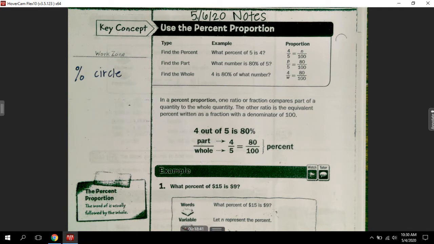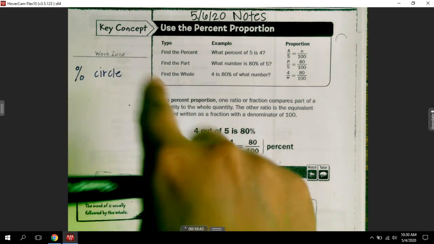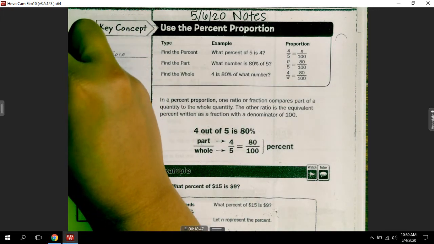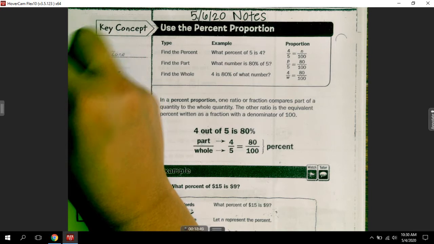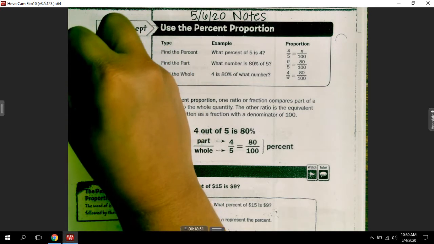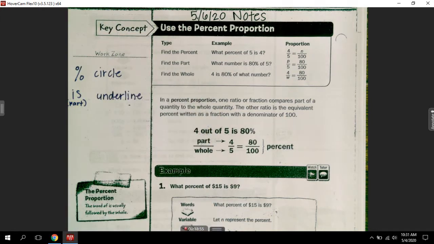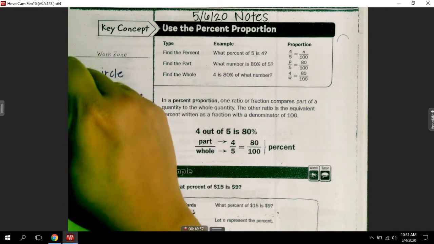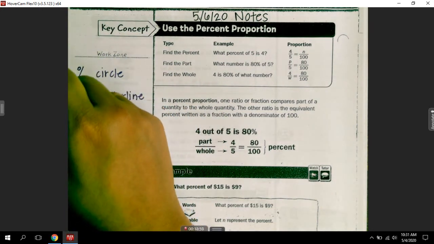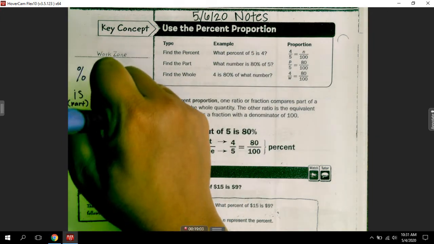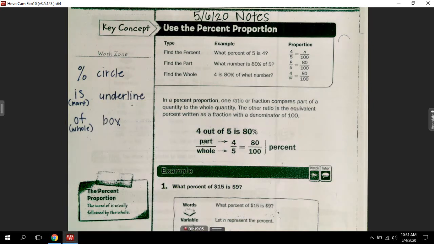For the part, or we're going to say is, so is or the part, you're going to underline. And then for the of, or the whole, you're going to box it, okay?